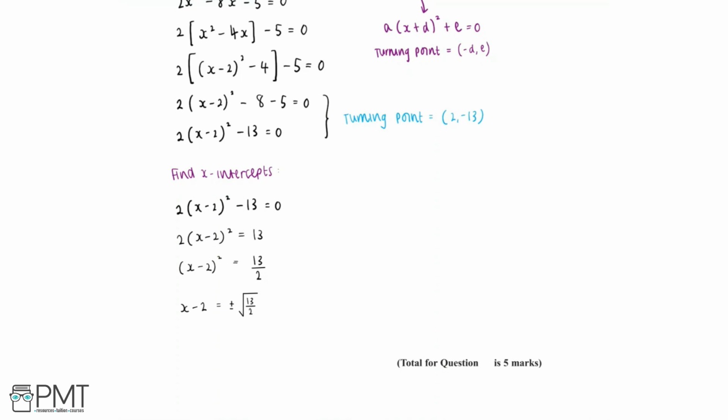And now to find x, we just need to move the -2 over to the other side, which will leave us with x is equal to 2 plus minus root 13 over 2, which means that the two solutions for x would be x equals 2 plus root 13 over 2, and x equals 2 minus root 13 over 2.